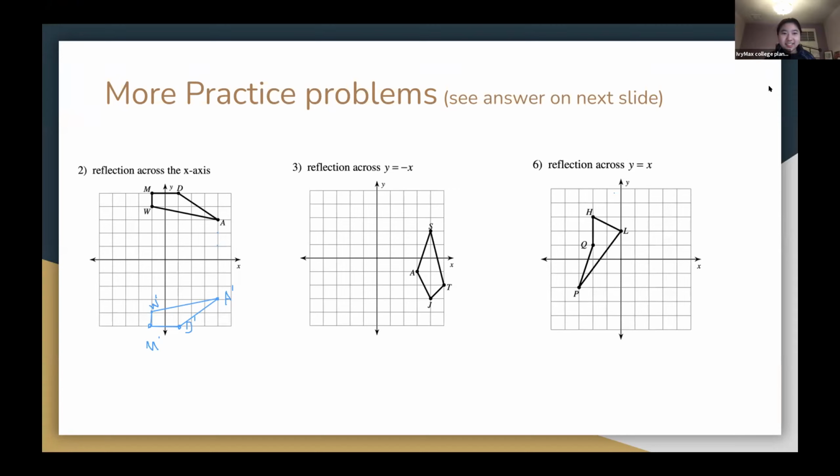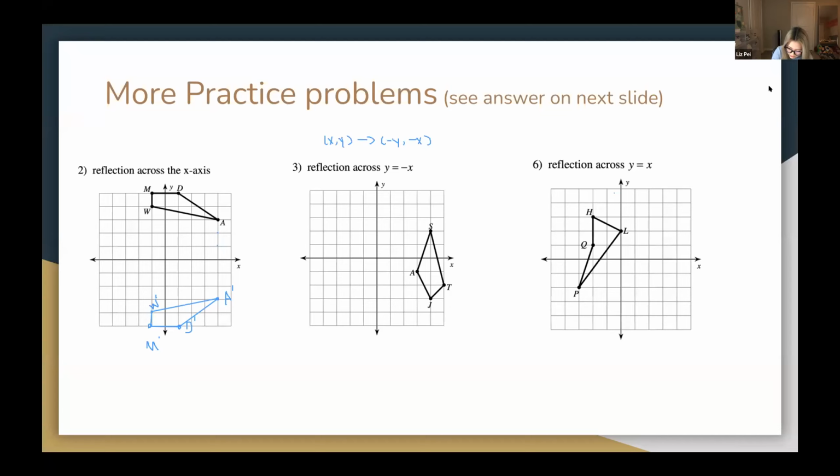So reflection over y equals x. I'll first write down the formula. For y equals negative x, the coordinates (x, y) change to (negative y, negative x). A way to do this is to look at the coordinate points and then change them.